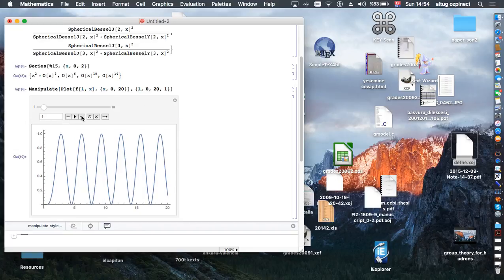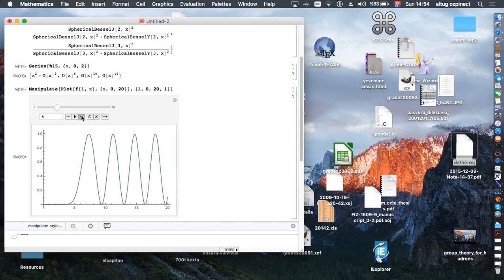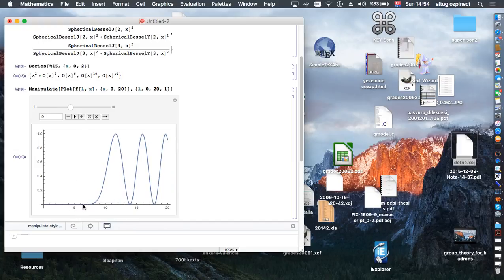So this is what happens when you increase L. It basically shifts. But you see, there are all these regions which don't scatter as you increase L. So what we are looking for is the limit. Now we are fixing x to some large value.